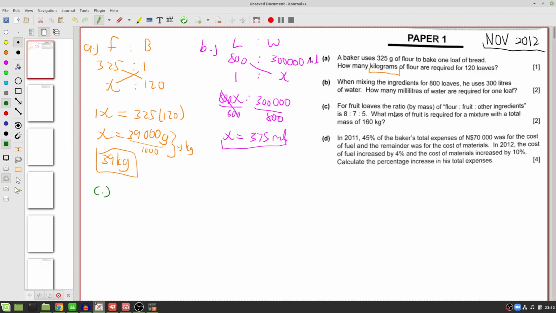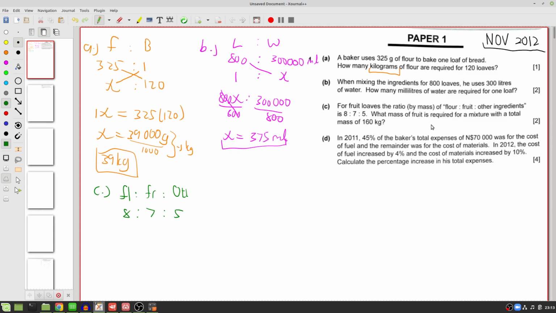Let's get to question C. For fruit loaves, the ratio, in this case by mass, of flour to fruit to other ingredients is 8 to 7 to 5. So 8, 7, 5. And that's all in mass, so it can be grams or kilograms as long as they're all the same unit.